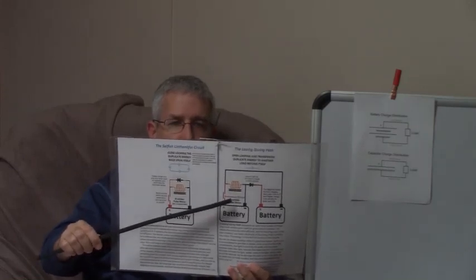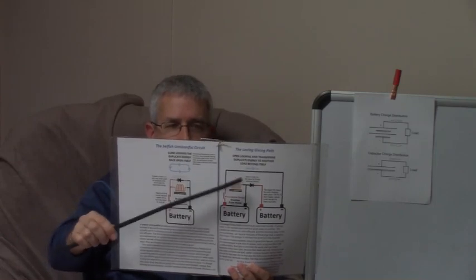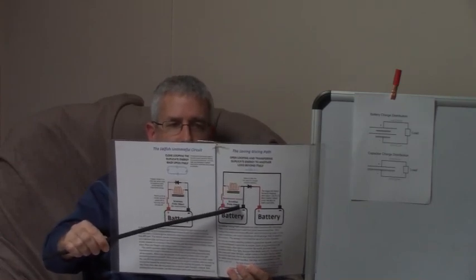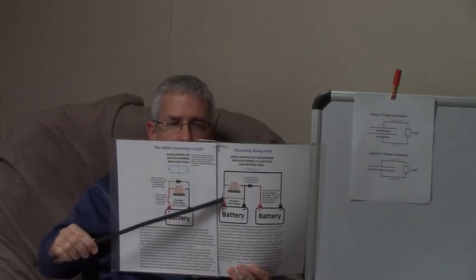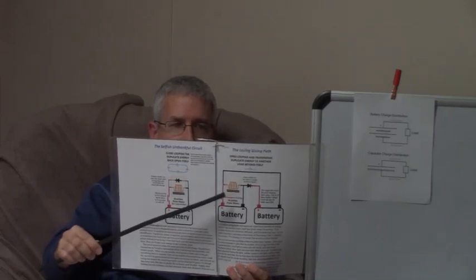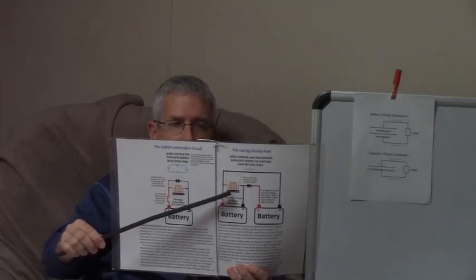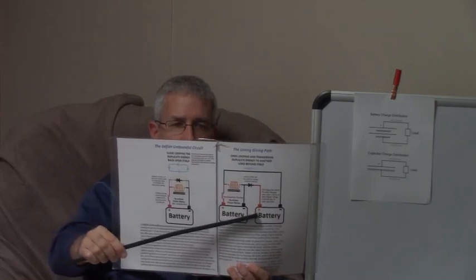This could be more like the PNP transistor circuit, a little bit different. Anyway, electrons still flow through the motor here and complete this path. But now we've opened up the circuit to charge another battery.